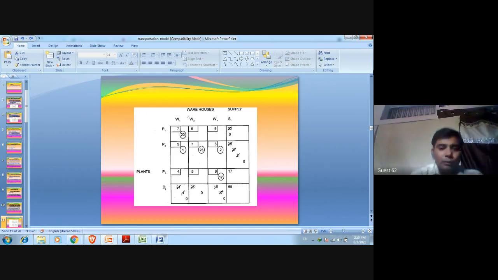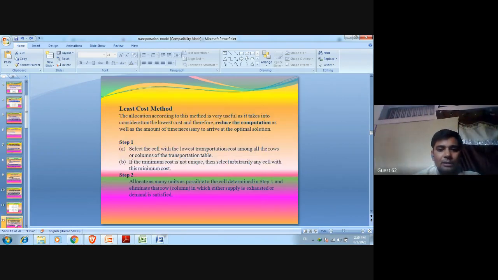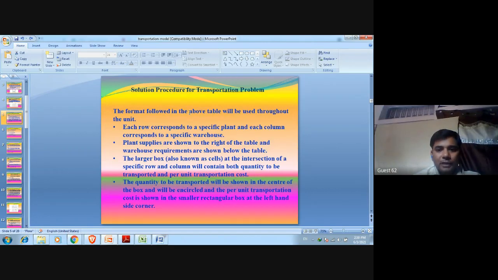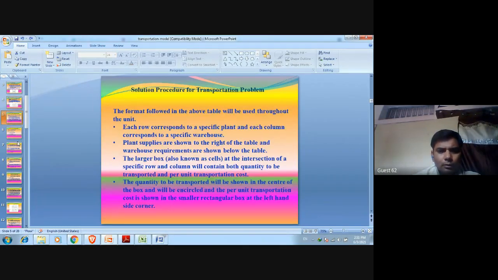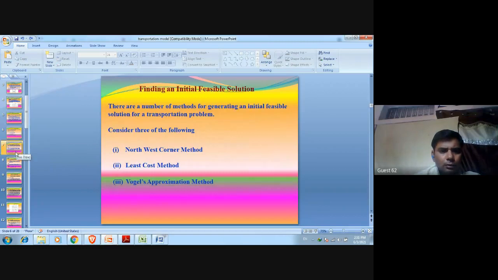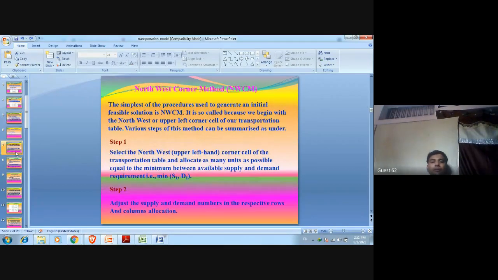So now we will try to minimize our cost. So to get the initial feasible solution, what is our total transportation cost? Let us see. This was your northwest corner rule method.